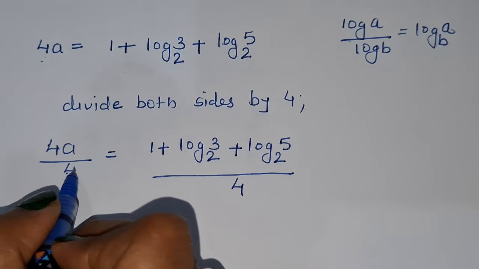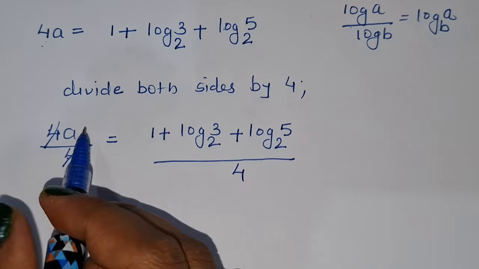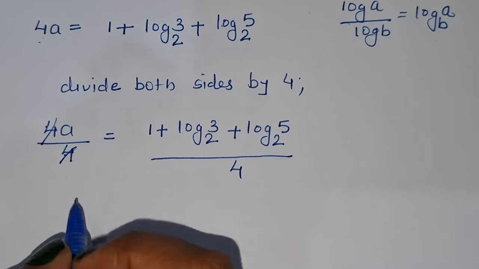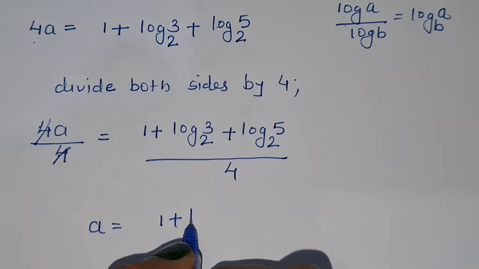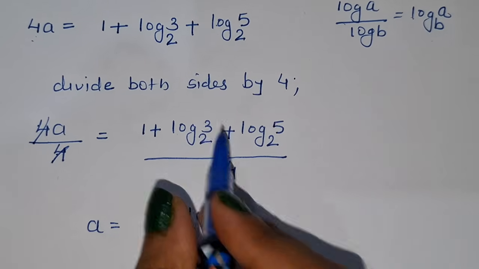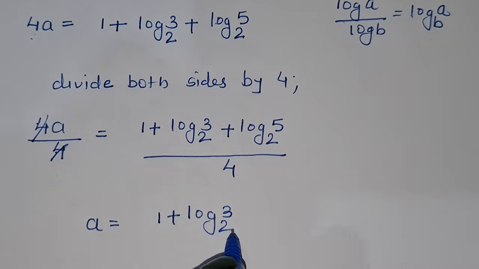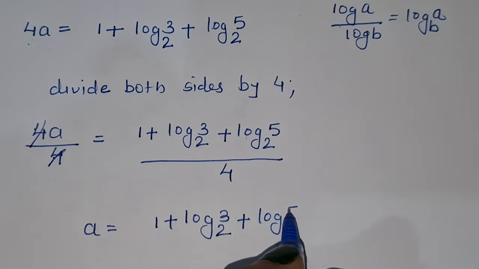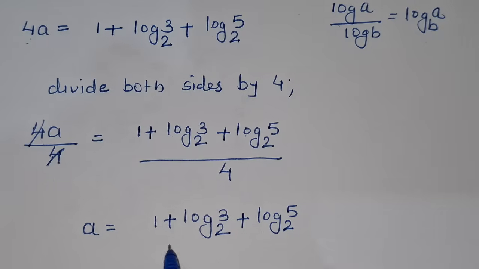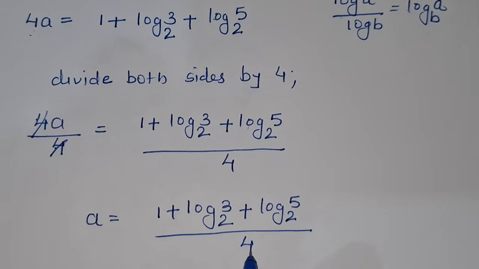Now this 4 is cancelled from this 4. So here we got the value of a. Value of a is equal to 1 plus log of 3 to the base 2 plus log of 5 to the base 2 divided by 4, right?